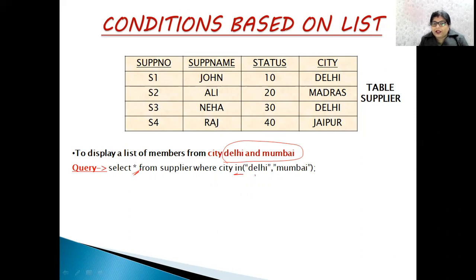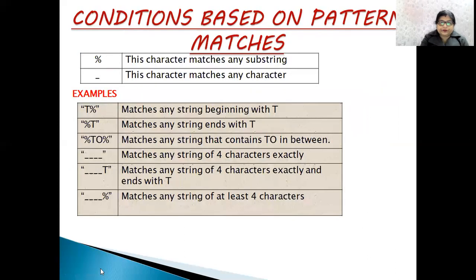Delhi and Mumbai, I just write it as it is, because they are asking for the city Delhi and Mumbai. It means they have already given us some data and I have to find out in only. So in this type of queries, we will use the in query.